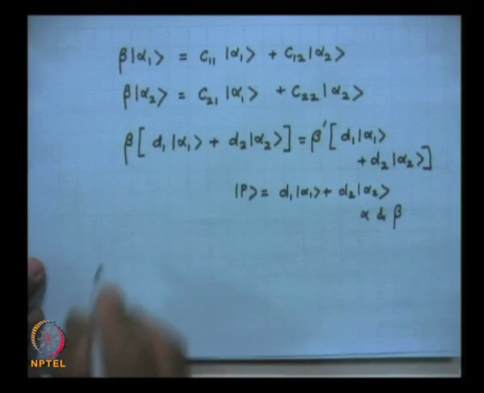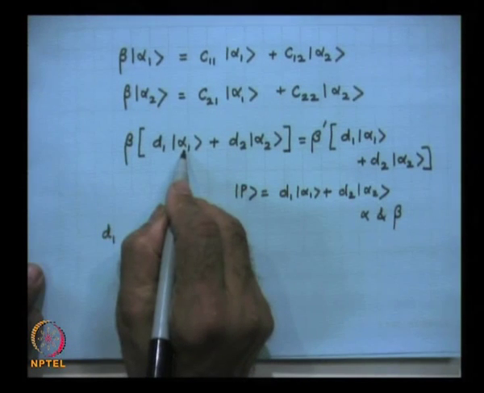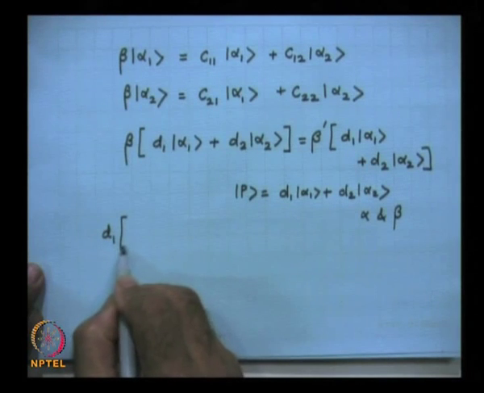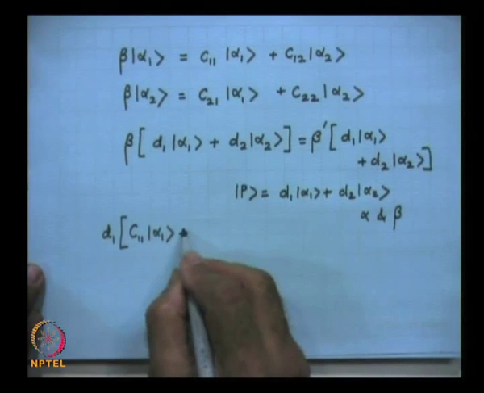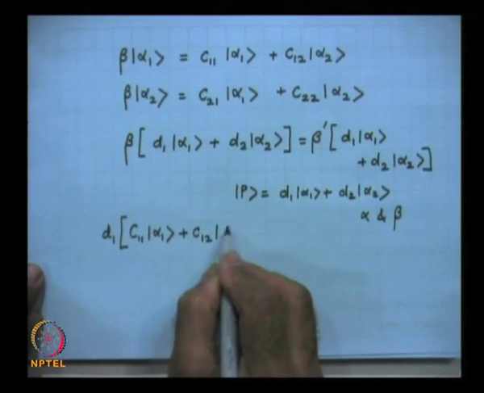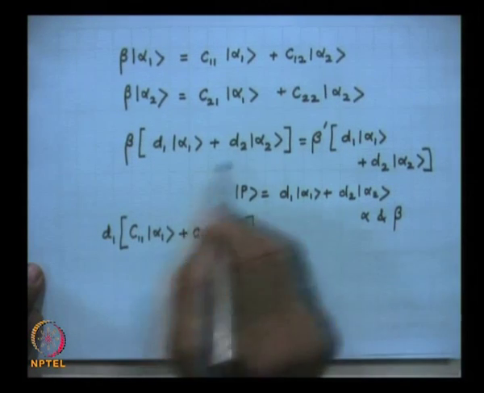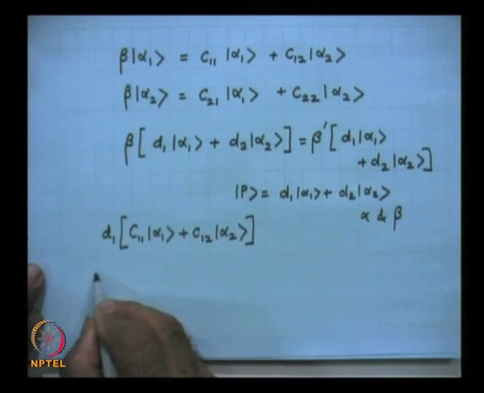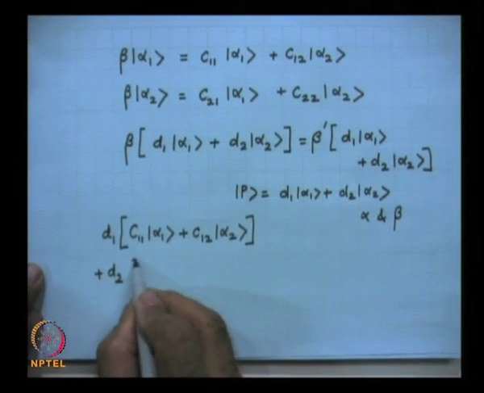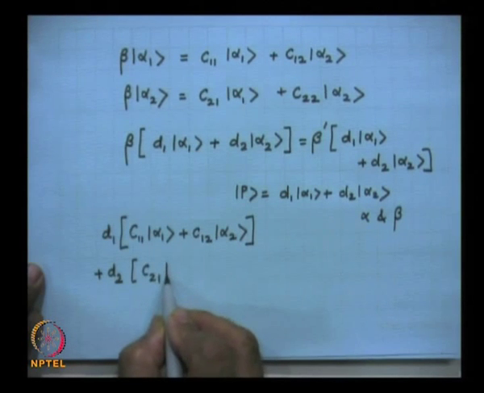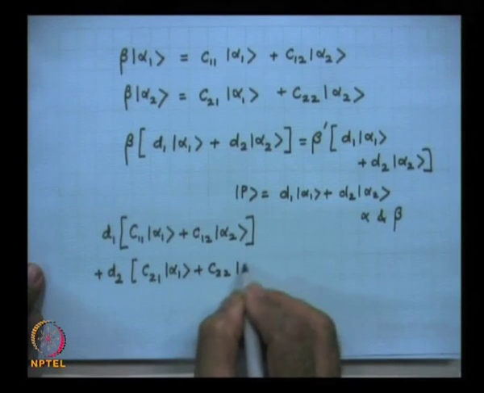So, let me work this out, then I will try to give you an example. So, D1 beta ket alpha 1, which is C11 ket alpha 1 plus C12 ket alpha 2, plus D2 beta ket alpha 2, which is C21 ket alpha 1 plus C22 ket alpha 2.